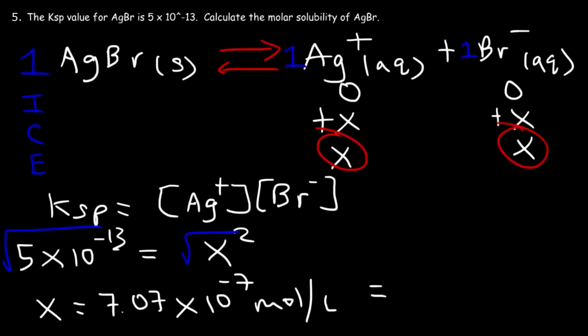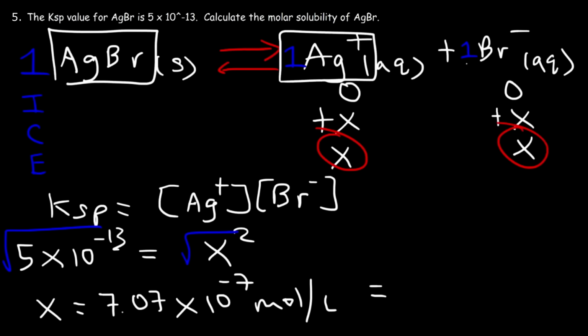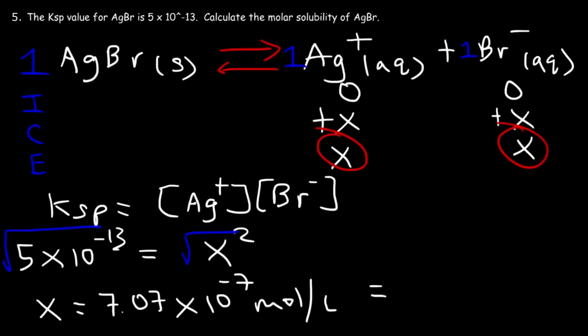Now notice that everything is in a 1:1 ratio. So the concentration of silver bromide that is dissolved in a solution, some of it may be in a solid phase, but the amount that's dissolved is equal to the concentration of Ag plus and Br minus due to the 1:1 molar ratio. So X is also equal to the concentration of the dissolved silver bromide in a solution.